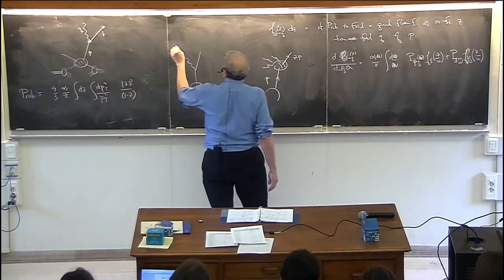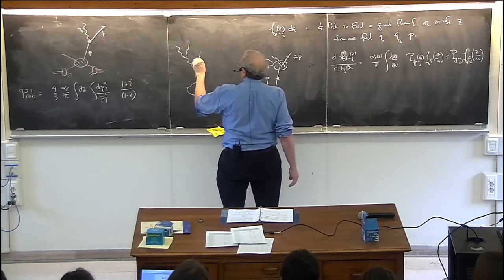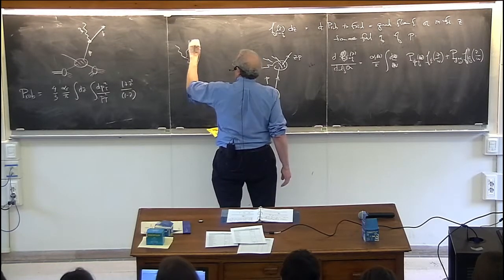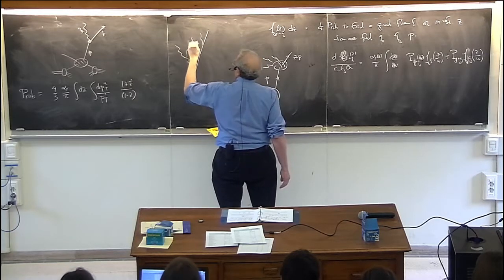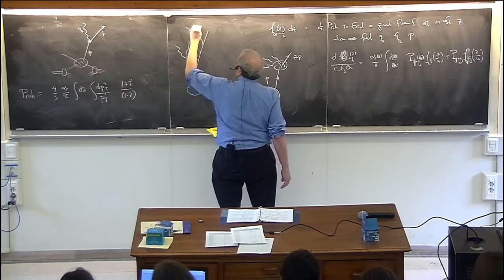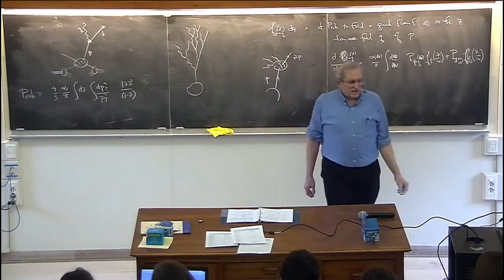Then the gluon might emit 2 more gluons. The quark might emit another gluon that splits to a quark and an antiquark. It keeps emitting gluons, and everything starts emitting gluons, quarks, and antiquarks.